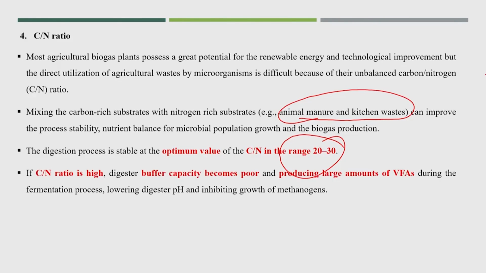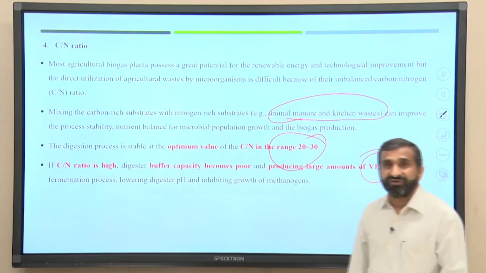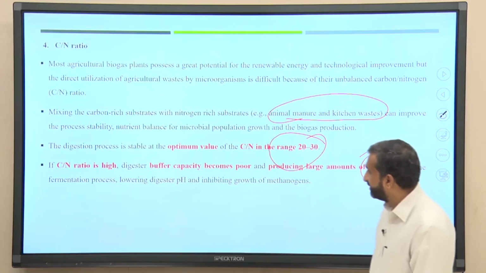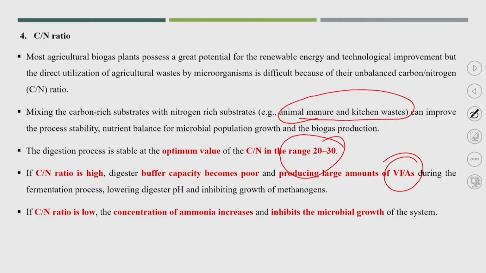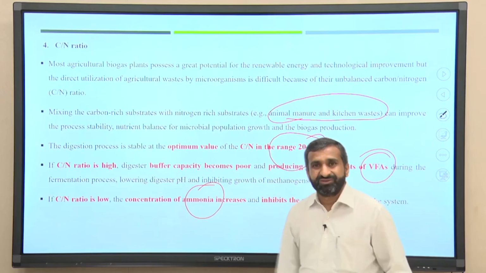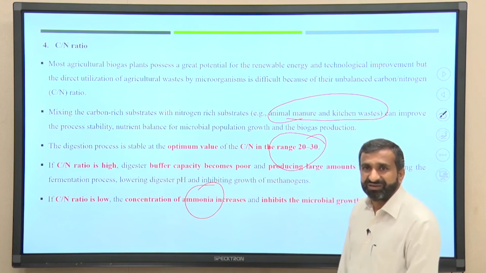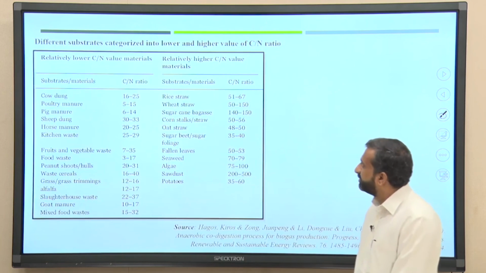If the carbon to nitrogen ratio is high, there could be a possibility of producing a large amount of volatile fatty acids, which are inhibitory for biogas production. And if the C/N ratio is low, there could be more ammonia production, which is also inhibitory for biogas production.